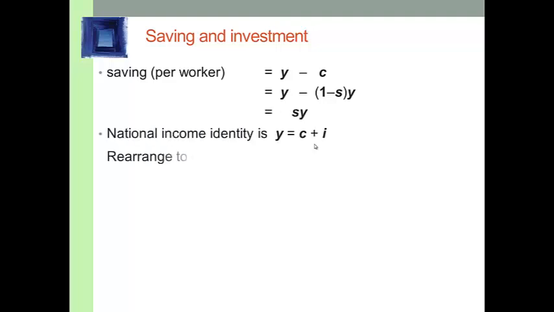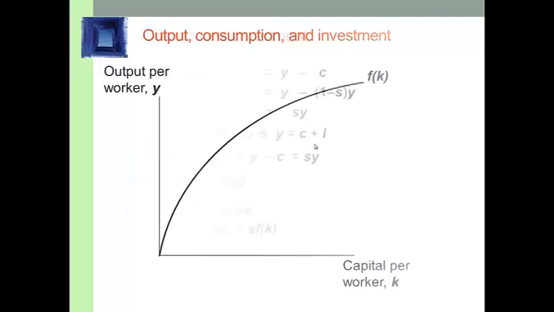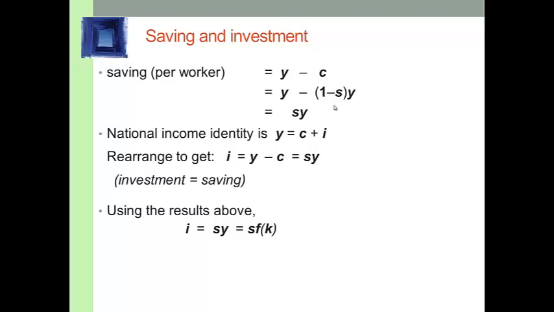When we work through the simple algebra, what we have is that investment equals saving, so the investment expression is our saving rate times our production function.